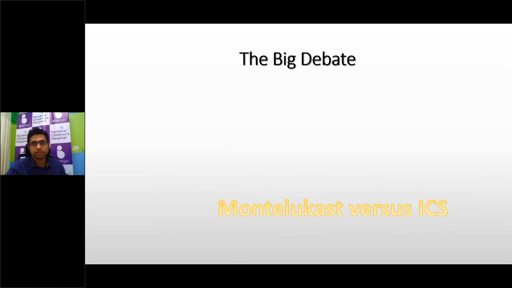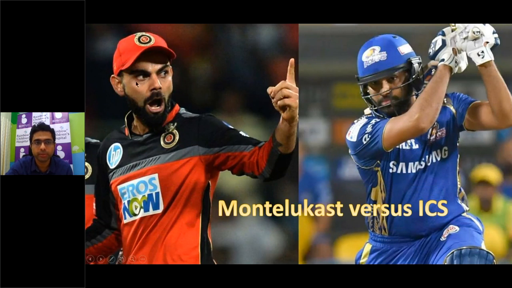The big debate is Montelukast versus inhaled corticosteroid. You can take it, for example, between two famous Indian cricketers, Virat Kohli and Rohit Sharma. Both are excellent batsmen, but who is the better captain? Your captain needs to be aggressive. Your inhaled corticosteroid, or your anti-inflammatory therapy, should be very potent.